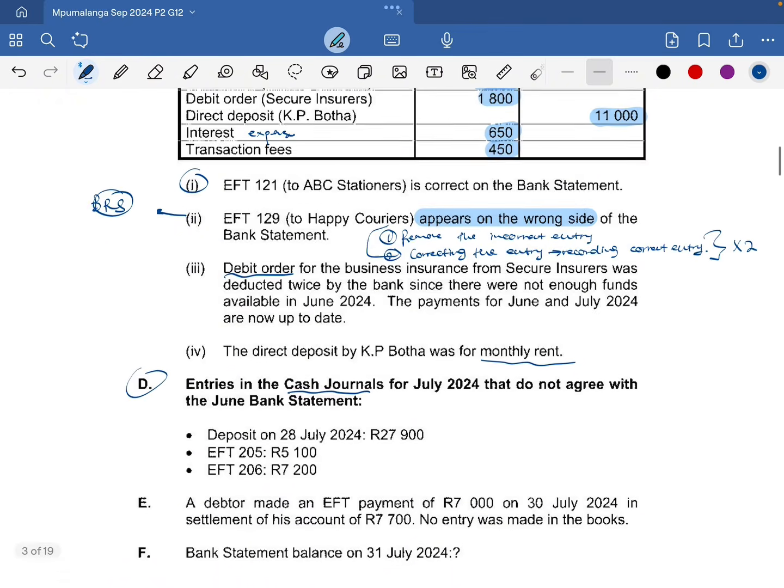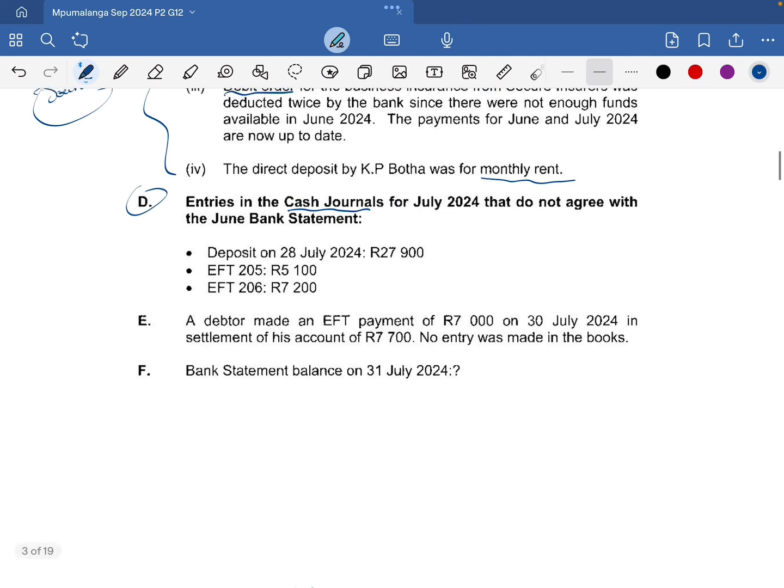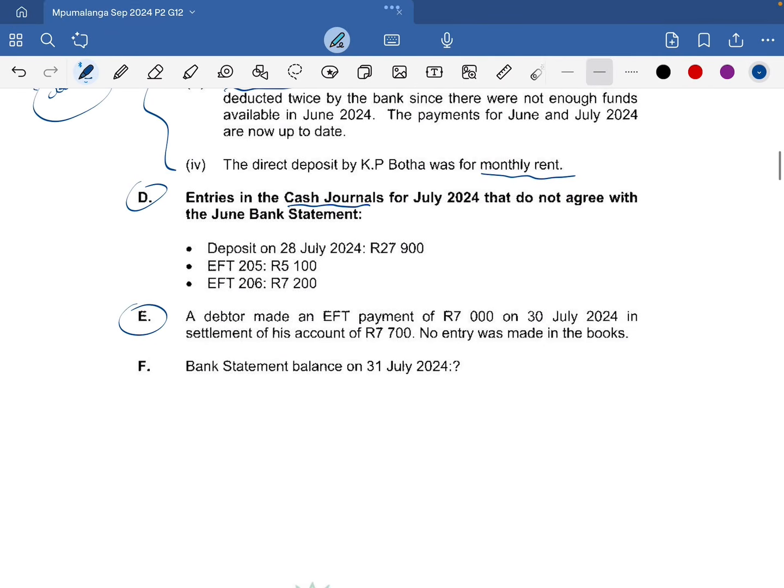Because if you had thought that on this side we were only dealing with the journals, you would have been wrong, because this adjustment then affects our CRJ. Okay, so that's also what we need to look at. That is why I'm saying it is much better to do these simultaneously so you can work efficiently and see how they actually link.